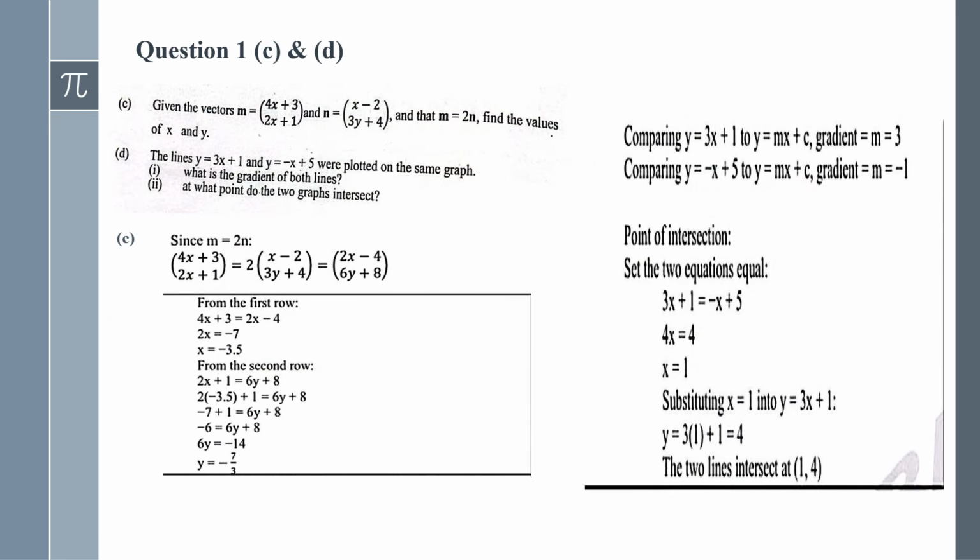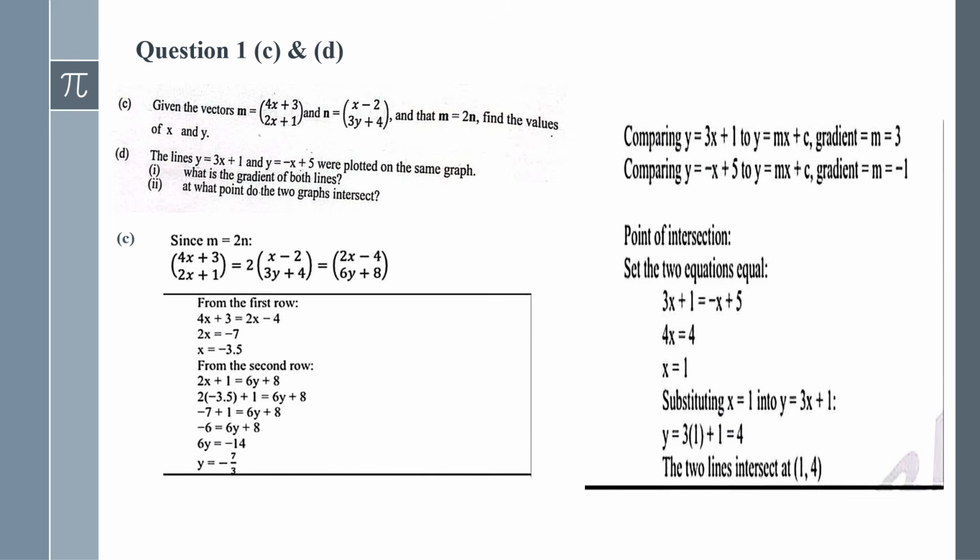So let's look at 1c and d. 1c says given that vectors m equals (4x plus 3, 2x plus 1), and n given by (x minus 2, 3y plus 4), and that m is equal to 2n, we have to find the values of x and y. So here, since m is equal to 2n, it means we multiply 2 by the values of n, and we'll have (2x minus 4, 6y plus 8).